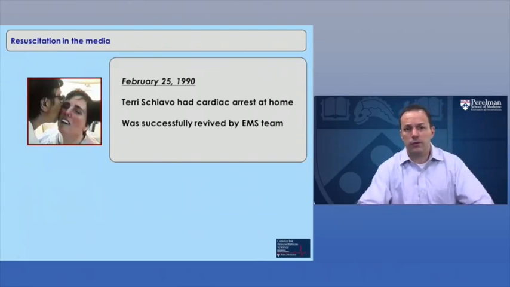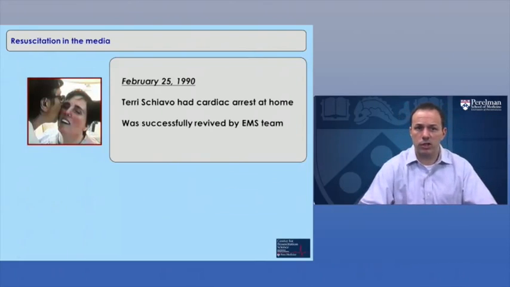A third famous cardiac arrest that's worth a brief mention was this unfortunate woman, Terri Schiavo, who had a cardiac arrest in 1990. Now, she was a young woman, and she had a cardiac arrest that resuscitation was successful. So she was restored back to life and to a certain degree back to healthy body function. Unfortunately, as is typical for many victims of cardiac arrest, she had crippling brain injury following her resuscitation.